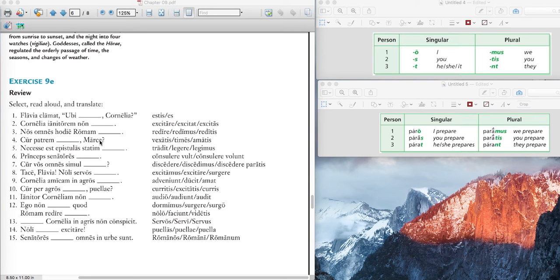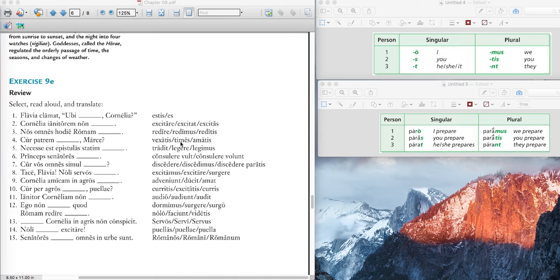We're not talking to Marcus and a friend, or Marcus and Sextus, which would make them a you plural. He is just by himself. So we are going to see which one of these ends with the right ending for just you singular. So I see tis here, vexatis, which means you all annoy. And then I see vexas, which is just an S. So that's you singular.